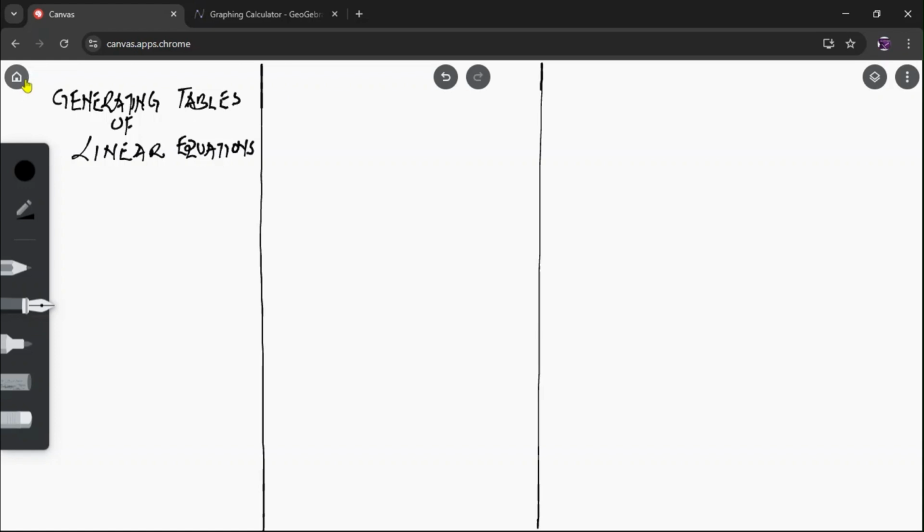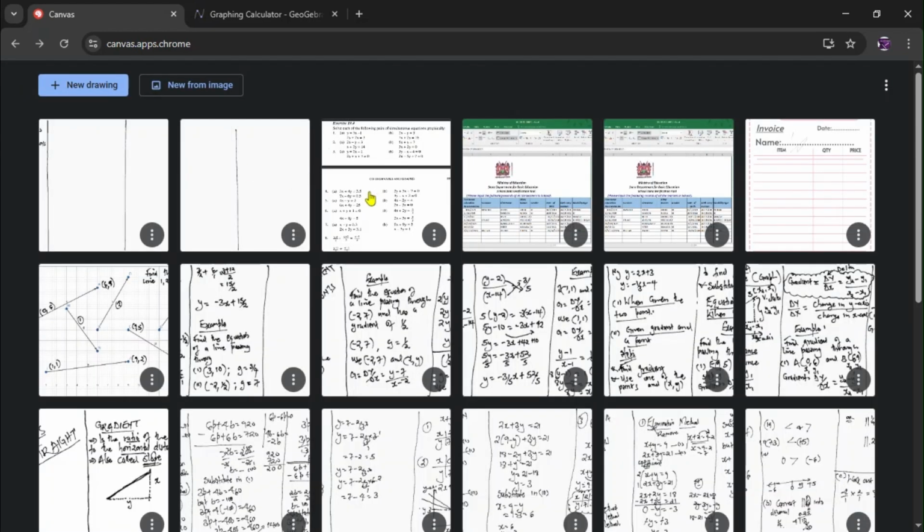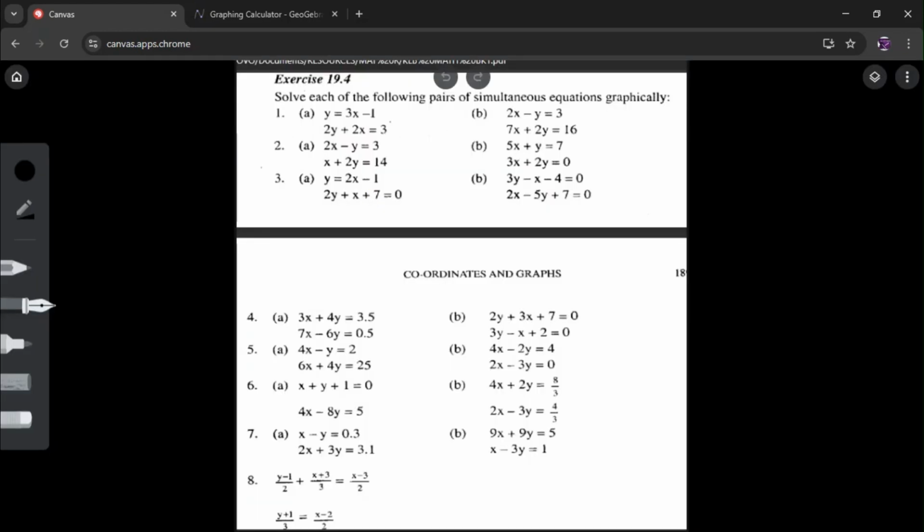I have a number of examples here, equations that look like this. For example, the first one, number 1a, reads y is equal to 3x minus 1. That is an example of a linear equation, an equation that when plotted will give you a straight line. I just want to pick a quick one.